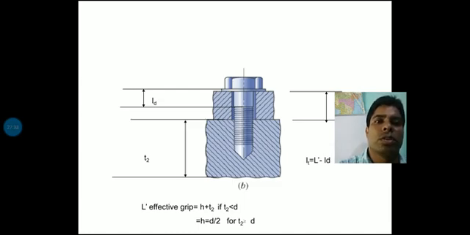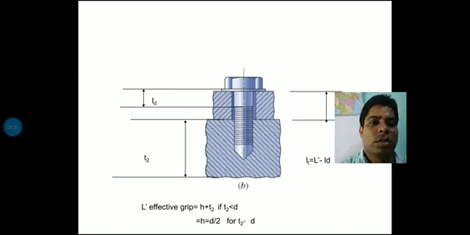So in that case, more effort is required, and when disassembling, if we apply the maximum effort, it can damage the threading, and that means it may fail in the head portion or the lower portion. So in that case, it is very serious to assemble the two parts when they are in an engaged position with the help of the washer.